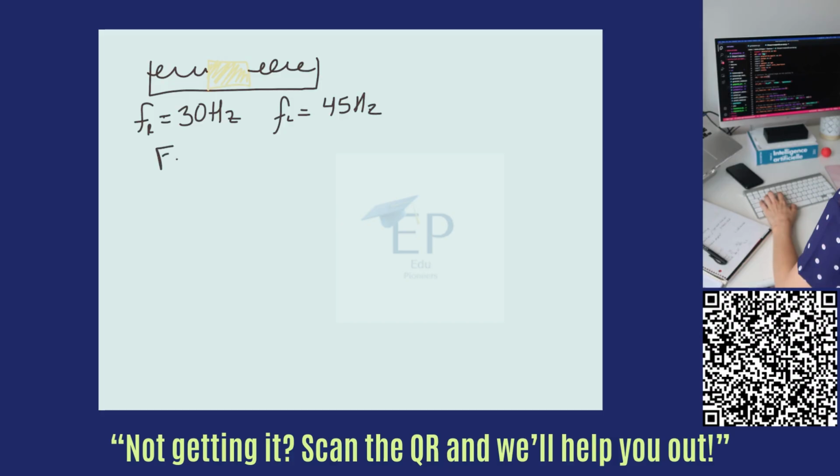So we have force equals mass times acceleration, and we can actually swap out acceleration for omega squared times position, xm. And we can take that even a step further and swap out our omega for instead 2 pi f squared times xm. So this way we'll be able to solve for our frequency.